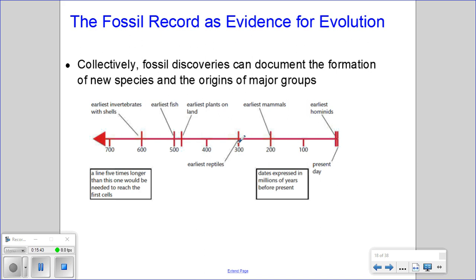So if we look at this time scale here and we look at when fossils were discovered, if this is present day here and each of these numbers represents millions of years before today, at around 200 million years in the fossil record is when we find the earliest mammals starting to appear. 300 million years ago are when the earliest reptiles appear. 500 million years ago are when the earliest fish appeared, and 600 million years ago are when the earliest invertebrates with shells appeared.